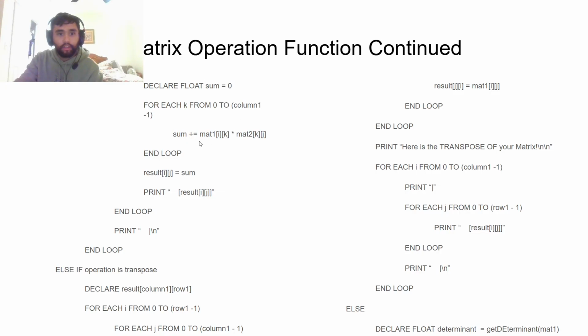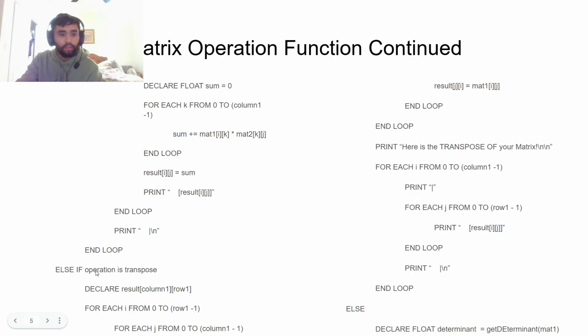So you define a sum, add it to the sum, set it equal to the sum. After each iteration of the column loop, it'll reset the sum so that each element's calculation doesn't bleed into the next element, and then as a result it'll print it and display it for the user.